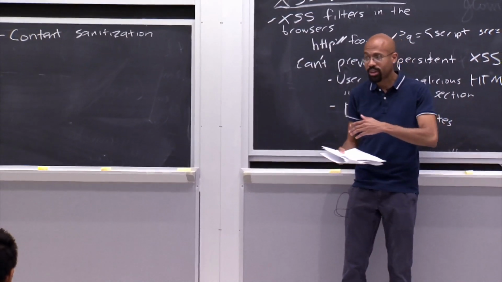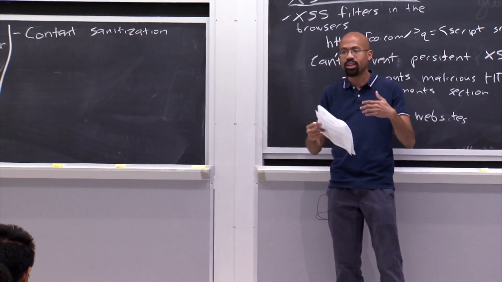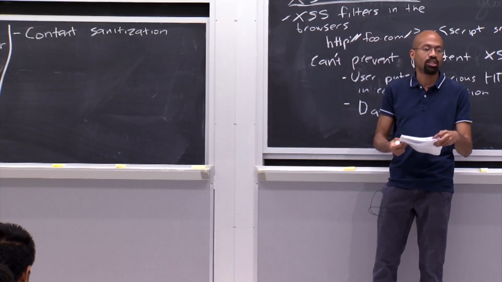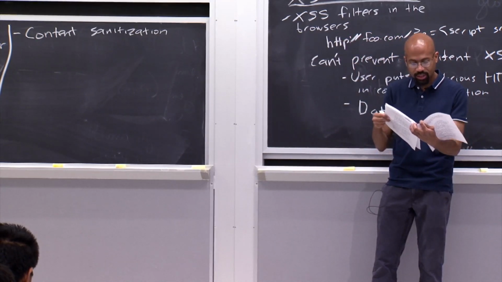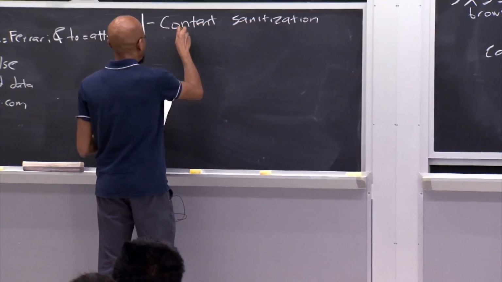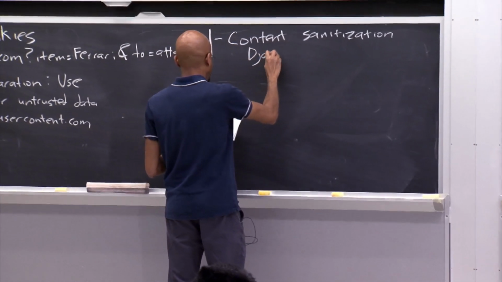And so you go through it and you do things to render it neutral, right? Such that it can't actually execute code or subvert your system in any way. An example of this is the Django template system.